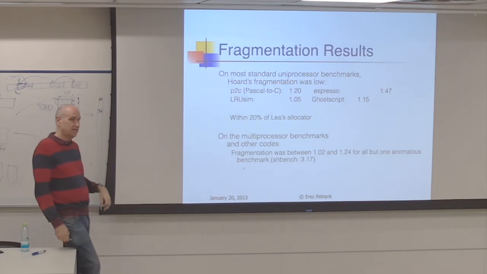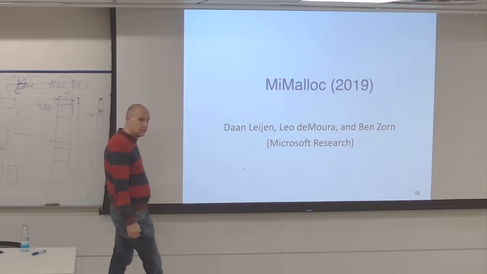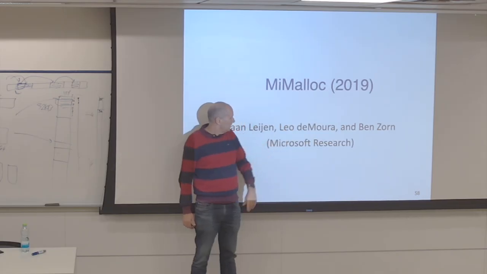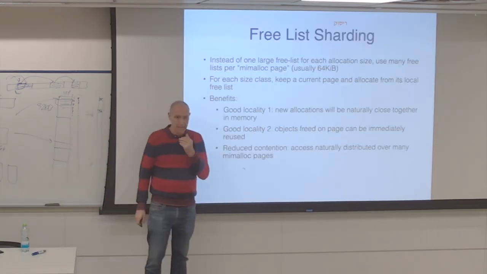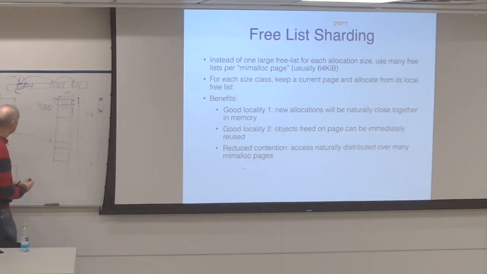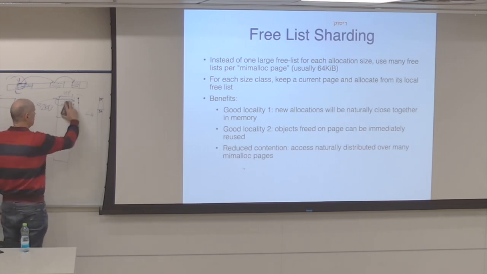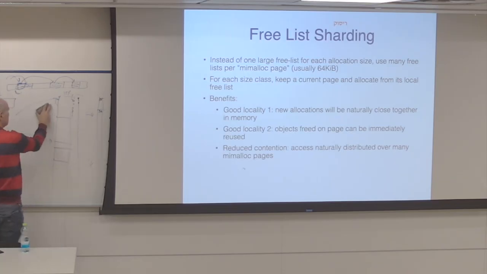Okay, our final allocator is what you would want to use today. This is the latest, from Microsoft, mimalloc. So what did he do? He said, let's not have a general free list, but let's break the heap into blocks of size 64 kilobytes.